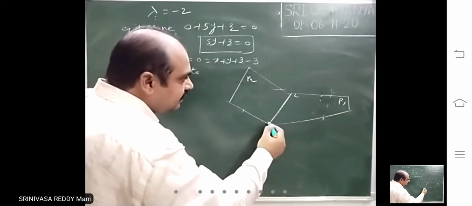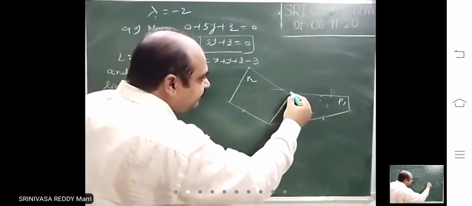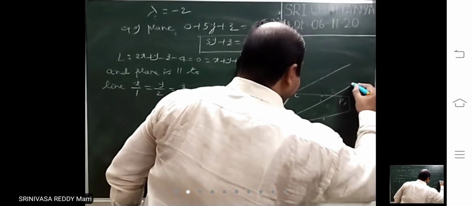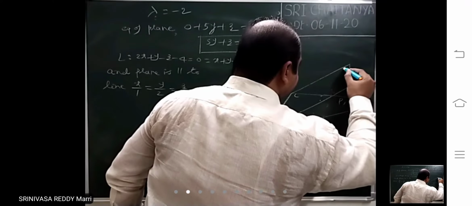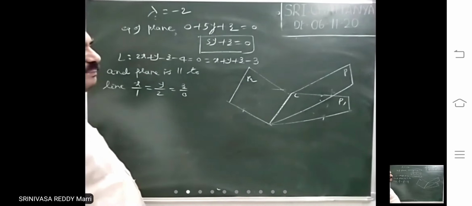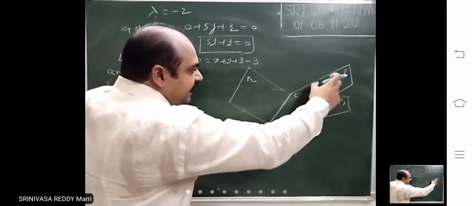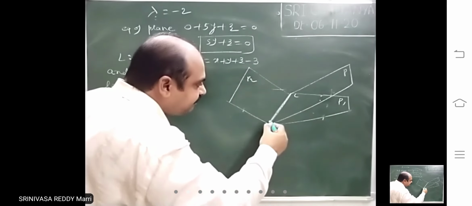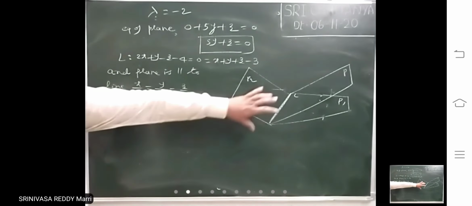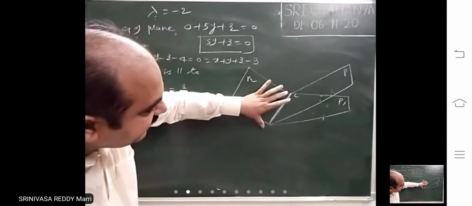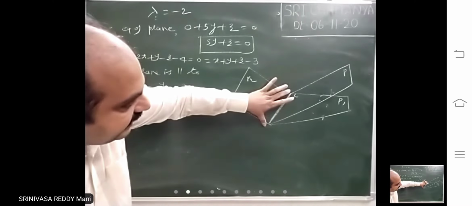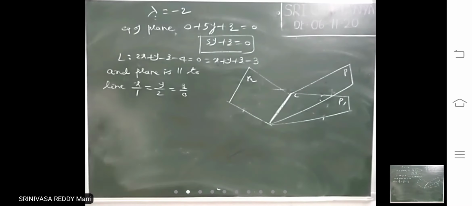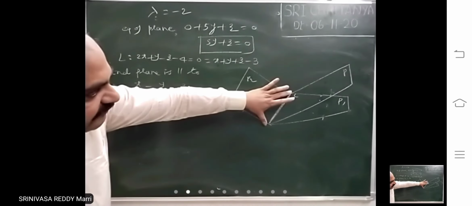Now I am drawing the required plane P. This plane P contains the line, so the line is in the plane P itself. That means for these three planes, the two given planes and my required plane, there is a common line of intersection.